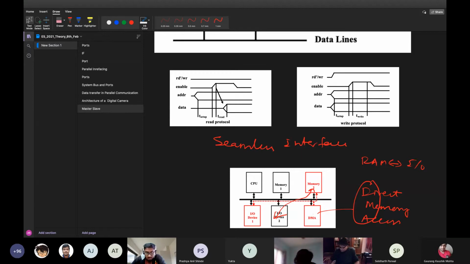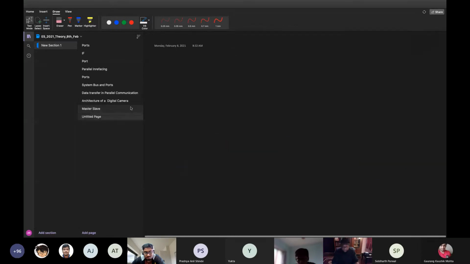But when the IO devices become slower, this doesn't work, because you have to wait for a long time. The delay between giving the address and the read time and write time is very large. When this is large, you cannot use this. This is ruled out. So we have to go for something called a handshaking protocol. So what is handshaking?